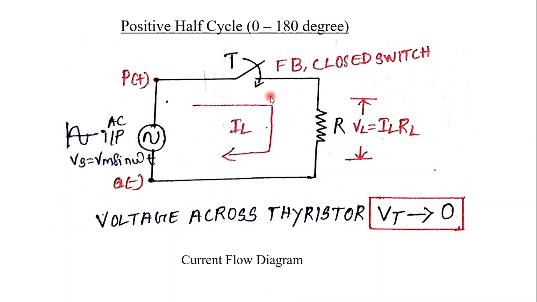So that time IL current flows in the circuit, and voltage across the load is also IL into RL, and that time voltage across VT is equal to 0 because the thyristor switch is closed, so current is flowing through the switch, that time VT is definitely 0. During the positive half cycle, thyristor is a closed switch, so load current flows.